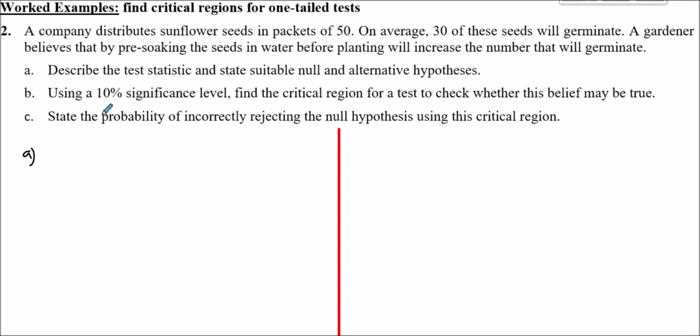I'd just say the easiest test statistic to use, I'm struggling to say statistic today, but there you go, no one's perfect. So the test statistic, I would say the best one to use would be simply the number of seeds that germinate.